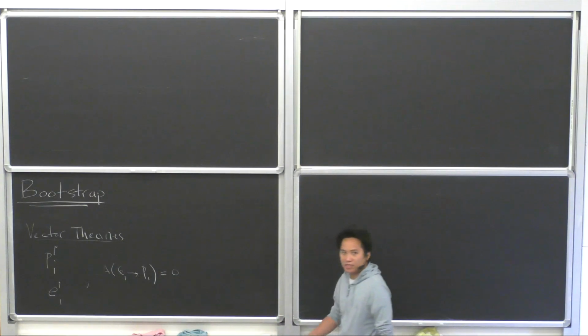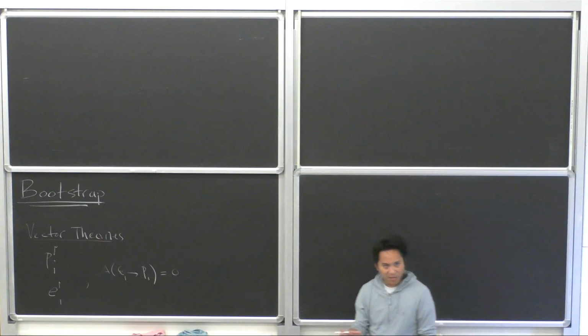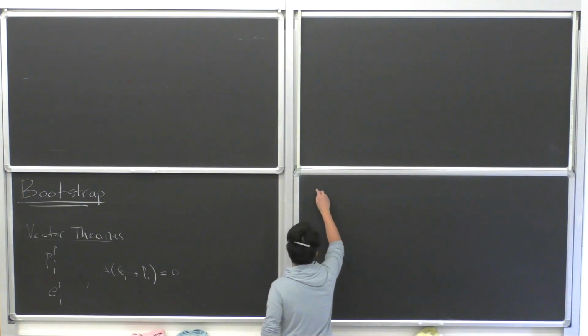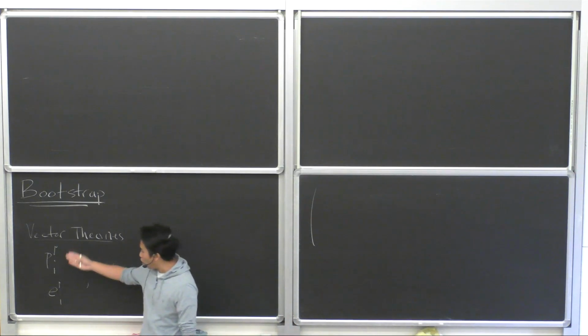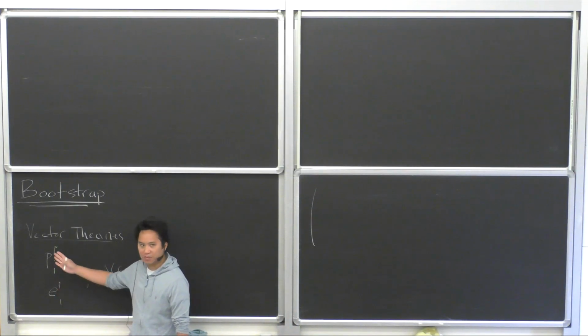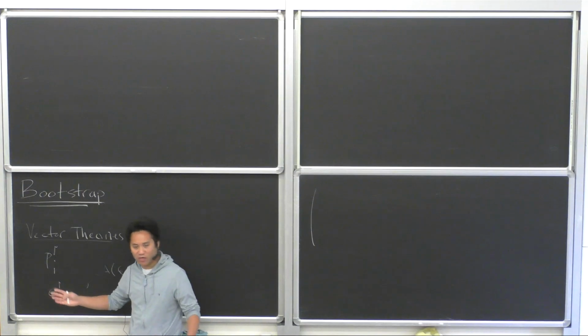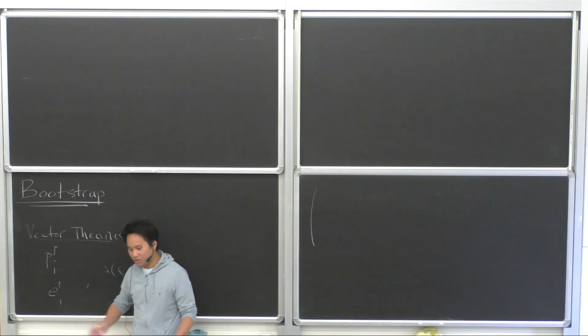I mentioned this feature of what's called a minimal kinematic basis. Let me state it again, just to be explicit. Naively, you would build all possible inner products of e's and p's: e1.e2, e1.p2, whatever you want.